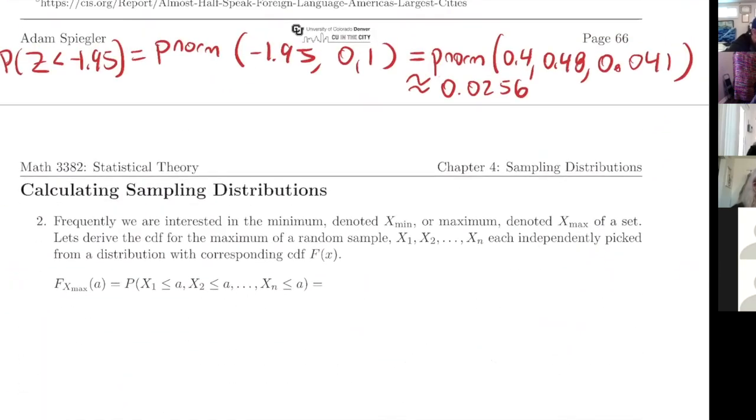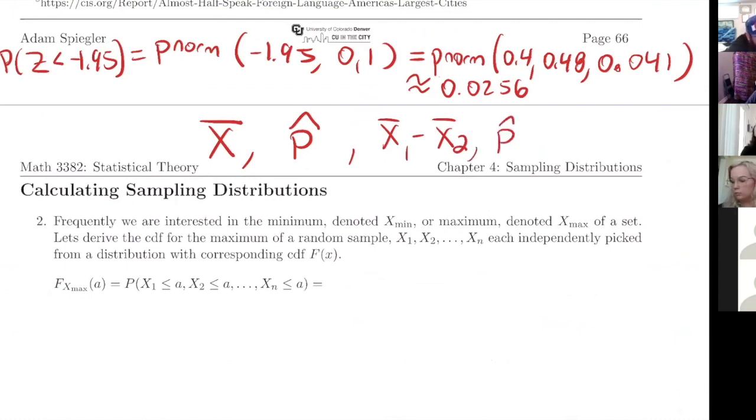Okay, so we've been talking about sampling distributions for X bar and for P hat. Some other sampling distributions that we'll think about are differences in two sample means if we have two different populations, and differences of sample proportions. We've been doing simulations of these things with permutation resamples.